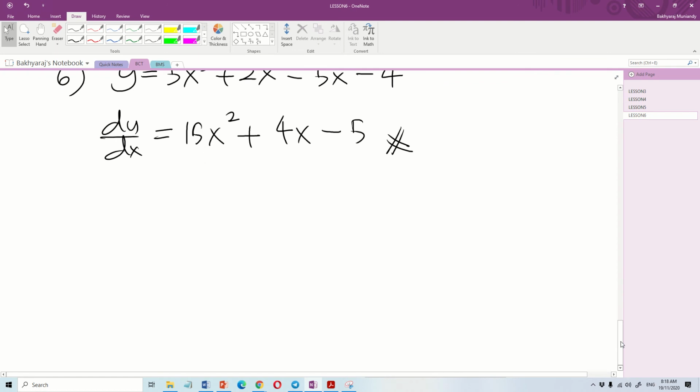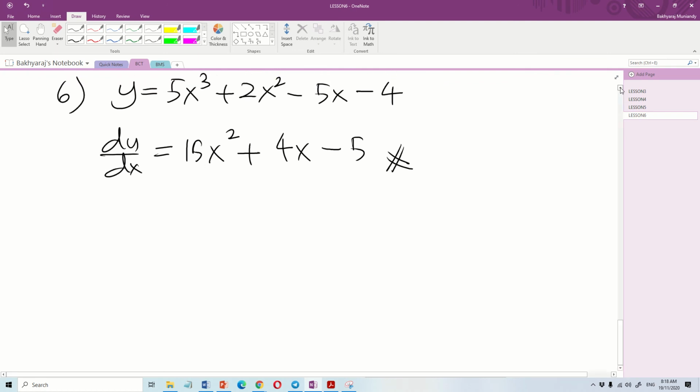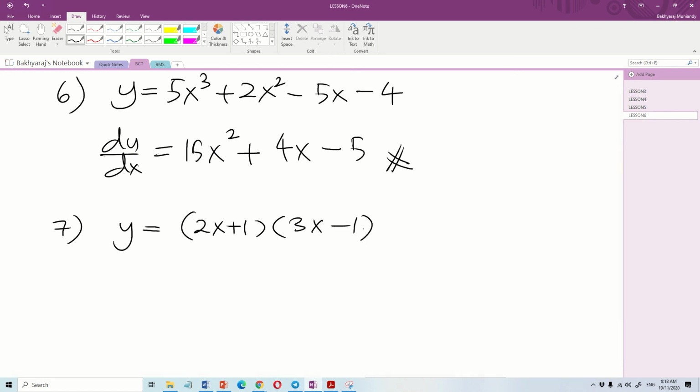Okay, next I go to number 7. Question 7: y equals 2x plus 1 times 3x minus 1. Since we are talking about the power rule, and we haven't discussed any other rules yet, just do the expansion.